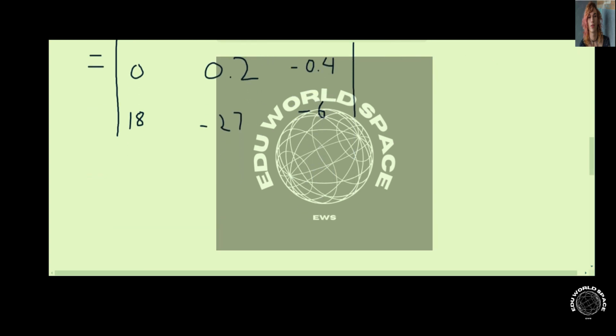And solving this matrix, we will get a final answer of -9.504 Newton meters.